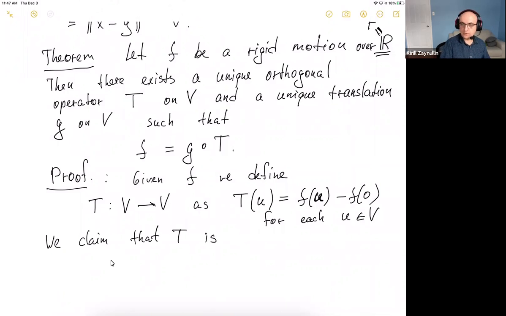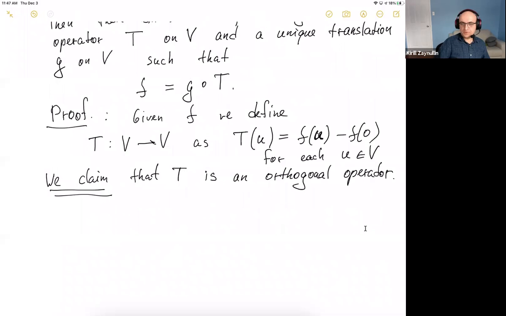So it is an orthogonal operator. T is an orthogonal operator. Okay, so let's check this.